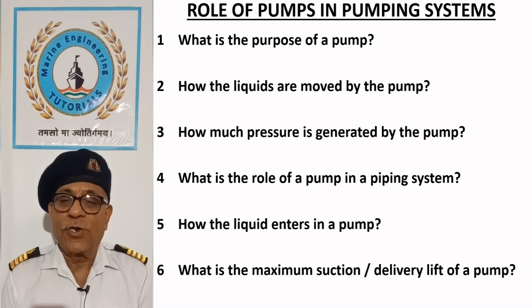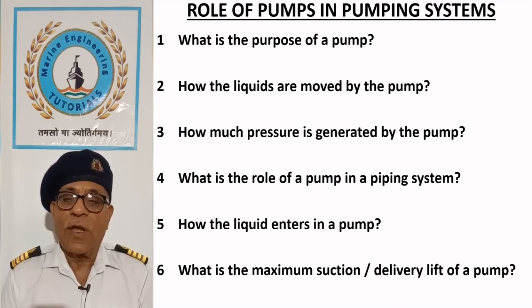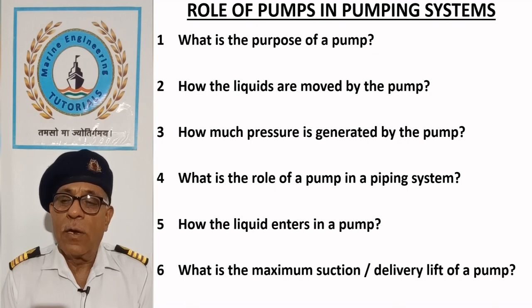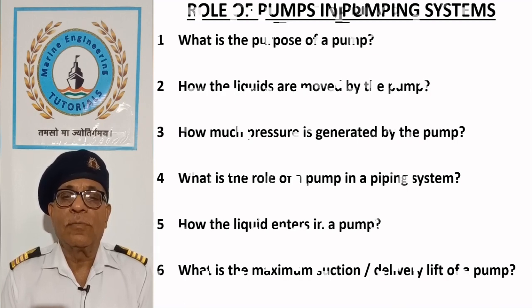However, there is no restriction of lift on the delivery side, although losses do occur on this side also. The pump has to overcome all the losses both in suction and delivery sides, and in addition has to create the necessary head to lift the liquid, otherwise the pump stalls.